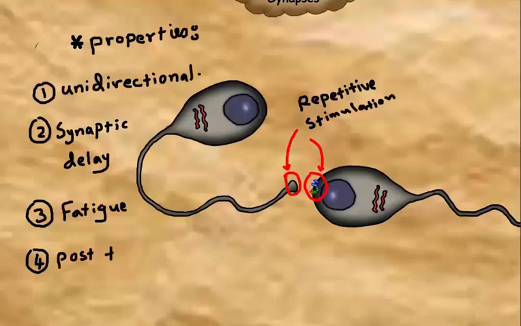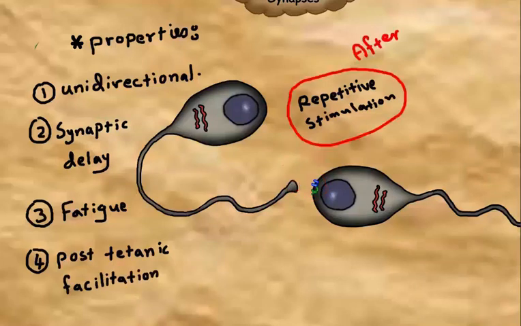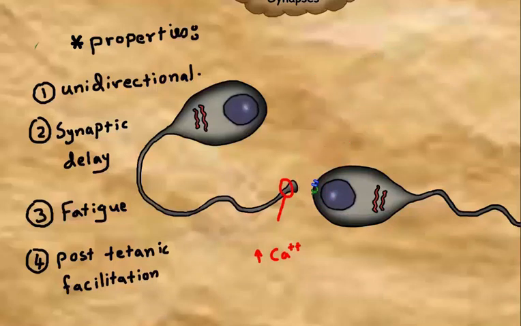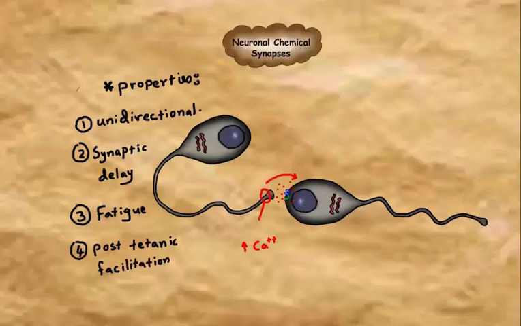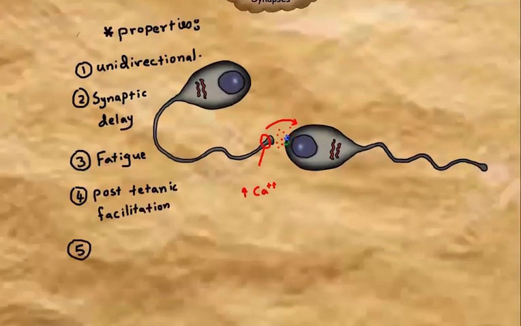Then post-tetanic facilitation, and this takes place after the synaptic fatigue happens, in which there are many calcium ions in the presynaptic neuron, so there will be neurotransmitter release without a signal arriving to the synaptic node for a brief amount of time. And the concept of convergence and divergence.